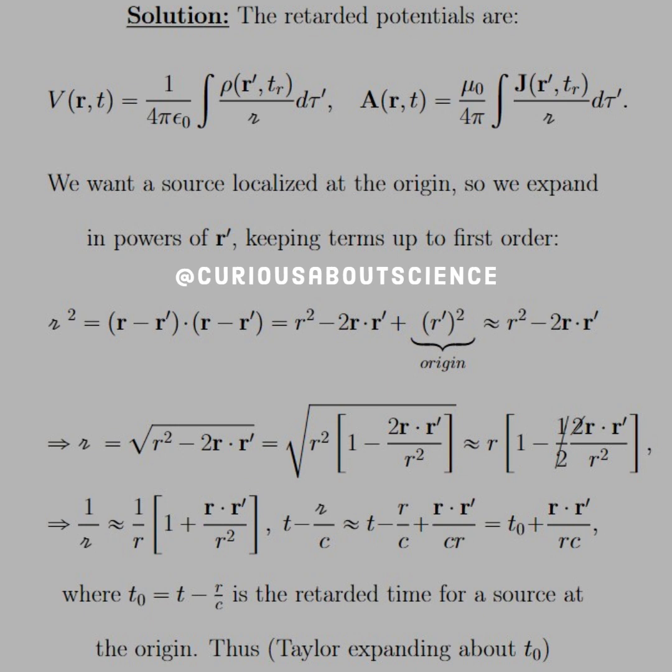So with that, t minus r over c for the retarded time gives us t naught plus r̂ dot r'/c. Okay, we've seen this before. Nothing too ridiculous, but definitely can be a mess. Where t naught equals t minus r over c is the retarded time for a source at the origin, thus Taylor expanding about t naught.